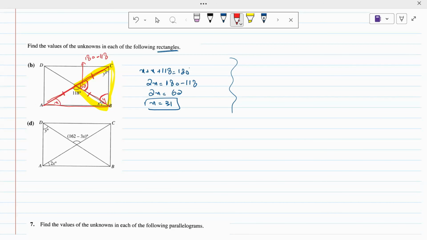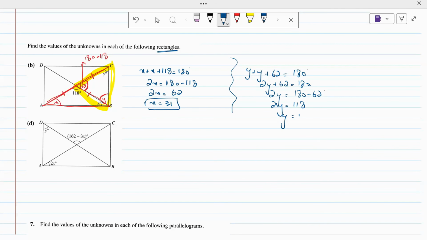Then we can make the equation as 2y plus 62 is equal to 180. 2y is equal to 180 minus 62, that's 118.